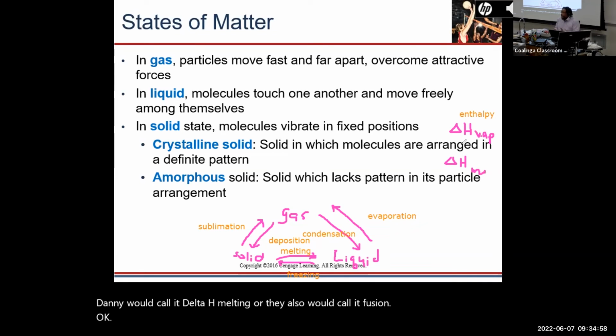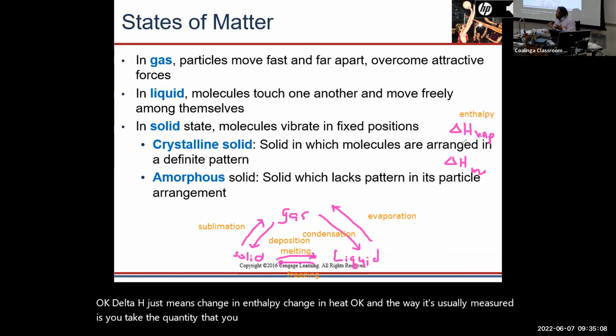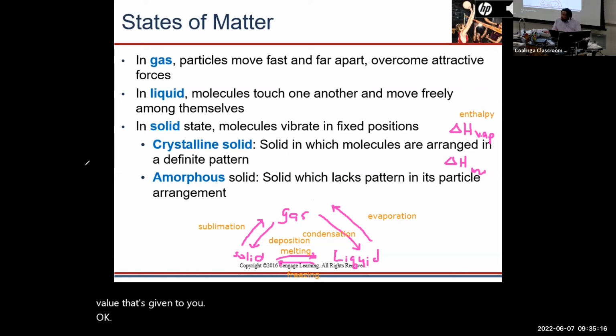Delta H just means change in enthalpy. And the way it's usually measured is you take the quantity that you have of that molecule and you multiply it by a constant value. We'll talk more about that a little bit later.